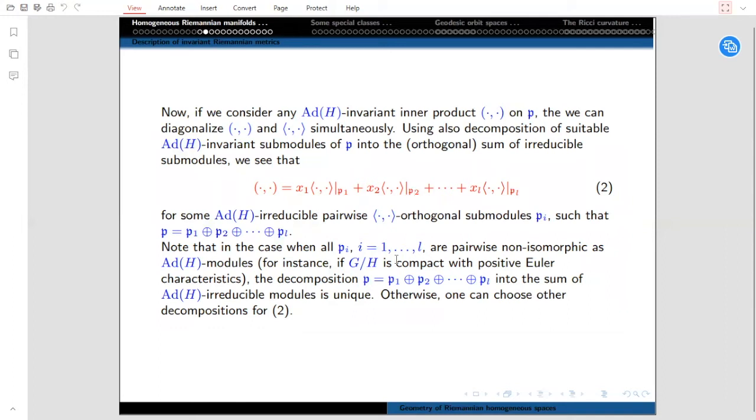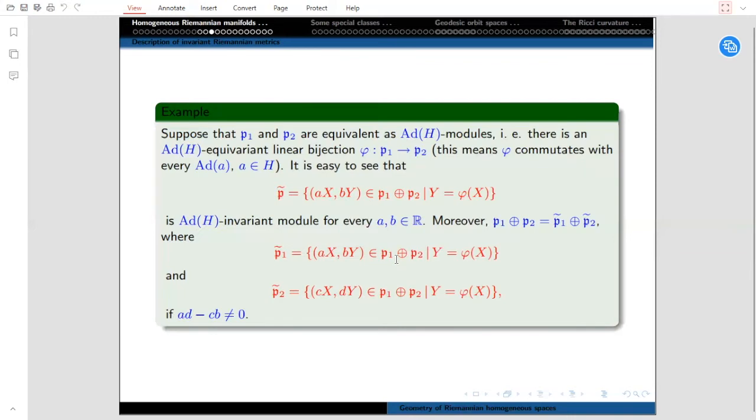It's quite possible. Therefore, if we have at least two equivalent submodules, we have a more complicated set of inner products on our space. Okay.